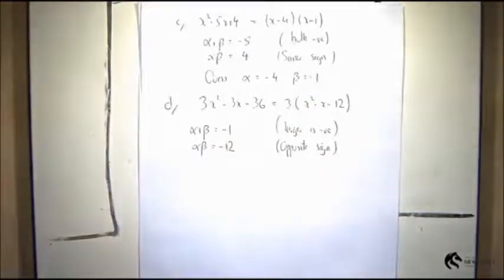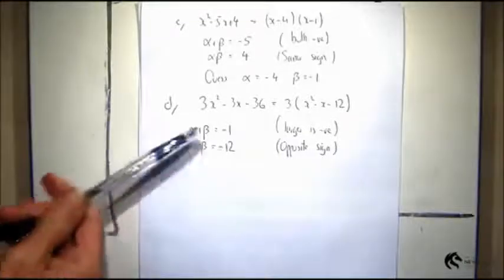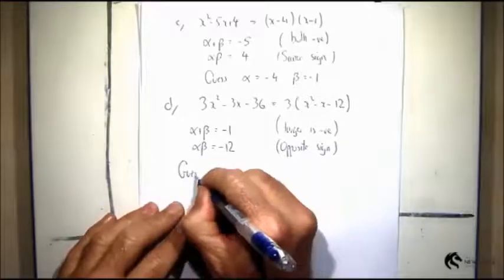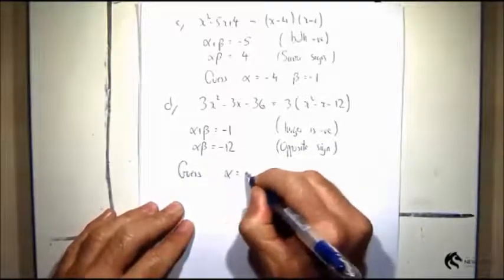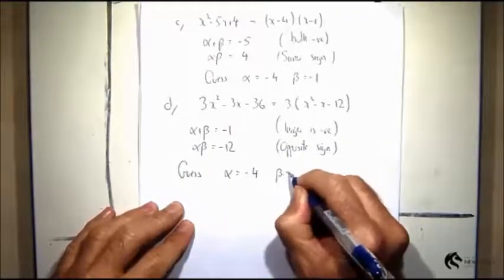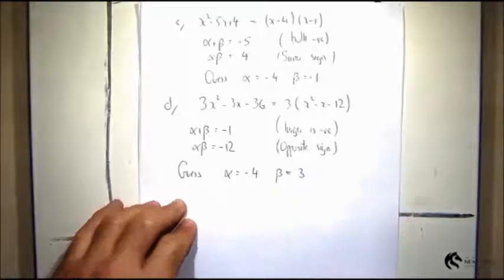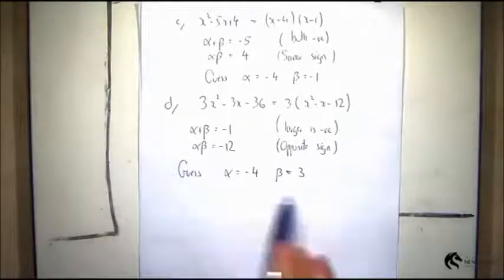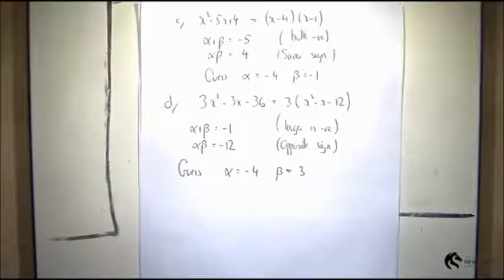So what factors have I got of 12? I've got 12 and 1, 6 and 2, 4 and 3. And I want a difference of 1. So I'm going to guess alpha is equal to minus 4 and beta is equal to plus 3. They multiply to minus 12 and they add to minus 1.